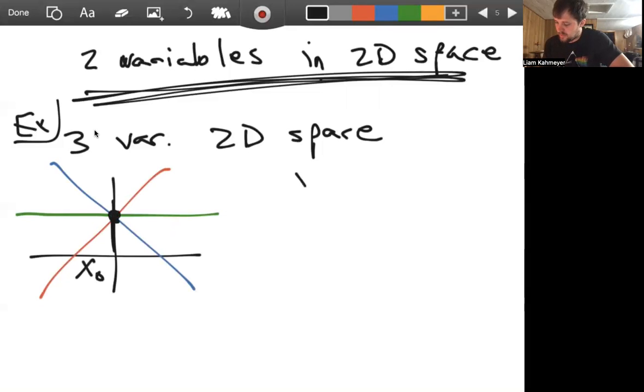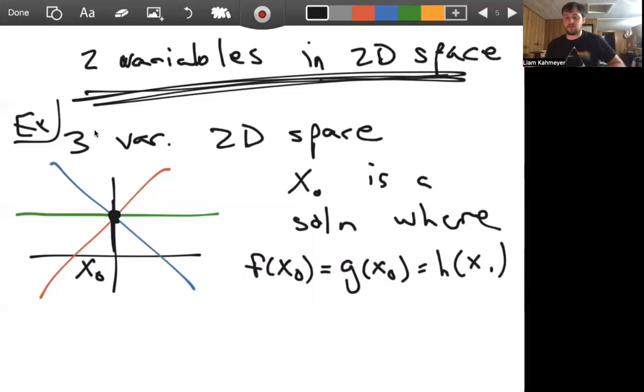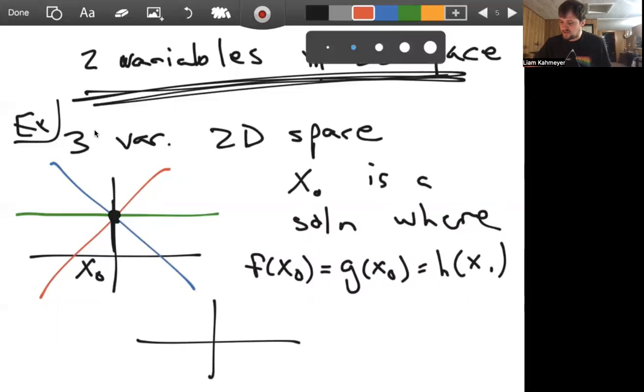So in this example, x naught is a solution where, if we had these labeled F, G, and H maybe, all 3 of them are equal. And this is important because it is not enough just to have 2 of them equal.